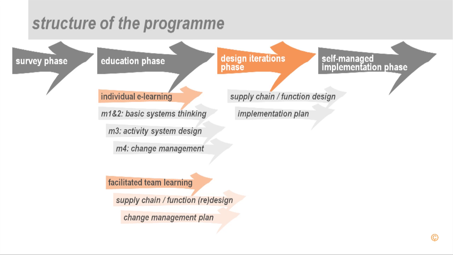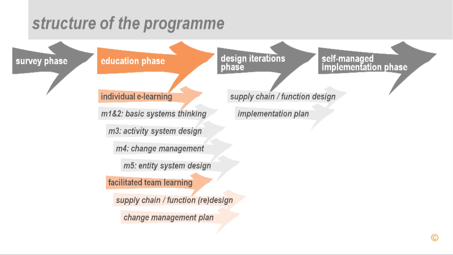Having received the mandate to do so, the program participants will facilitate the implementation of the designs according to the implementation plans. In order to receive a certificate in systemic societal transformation from the University of Stellenbosch Business School, the program participants will have to do another phase of individual e-learning concerned with entity system redesign.